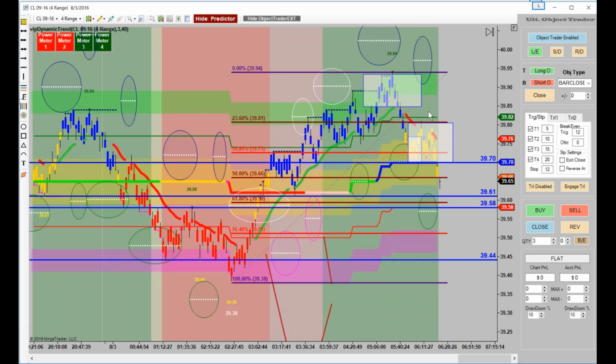But yeah, you could box that in and short that. But keep in mind that sometimes they'll just barely close outside them, give you a higher low, and then still pop up. So what I do if I take something like that where it's actually got a lightning area, is if it pops down below that box, I don't let it go back in it. We may get this trade in a minute.